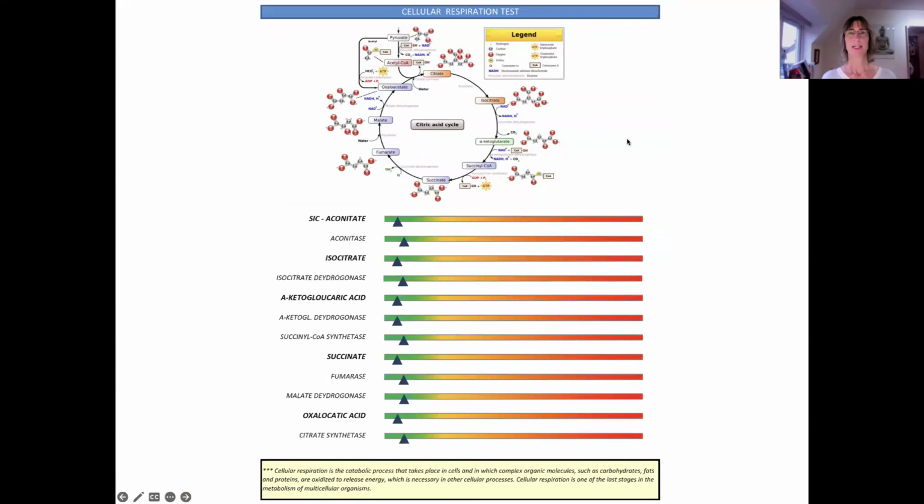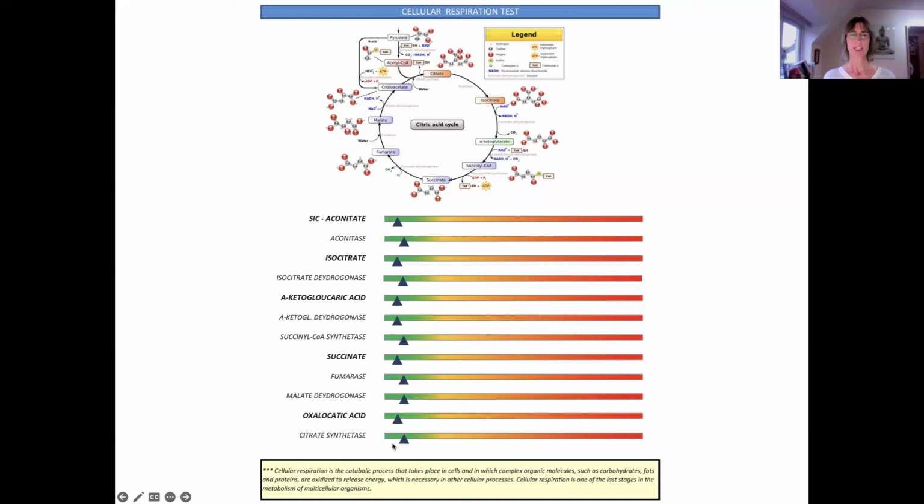Then we start looking at cellular respiration and at the cycle our cells go through in order to respire and to metabolize the things that they need to metabolize.